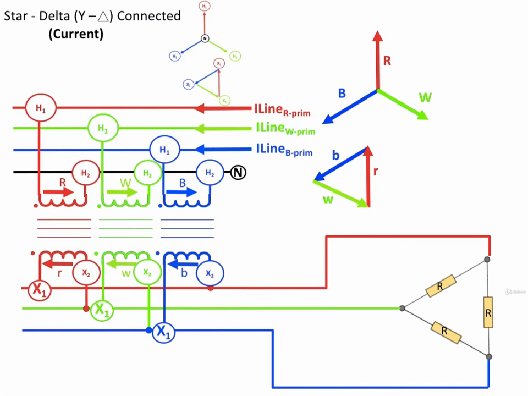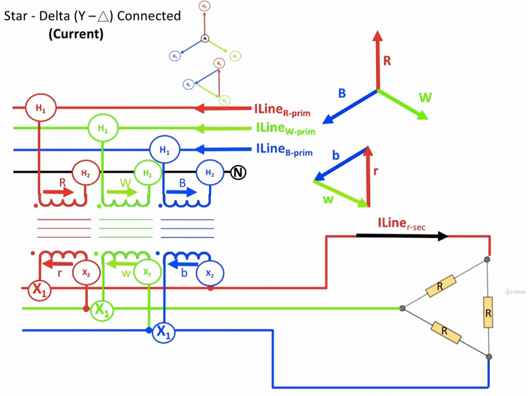I would now like to figure out what the currents are that are flowing in the line to the load. And I'm going to start with the red phase line secondary current. If you go back to the transformer, you'll see it's connected in two places. It's connected to the X1 terminal of the red transformer, and it's connected to the X2 terminal of the blue phase transformer.